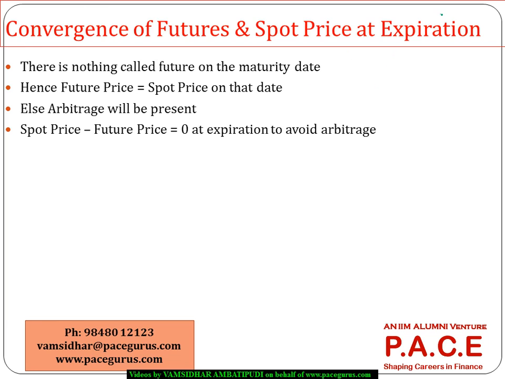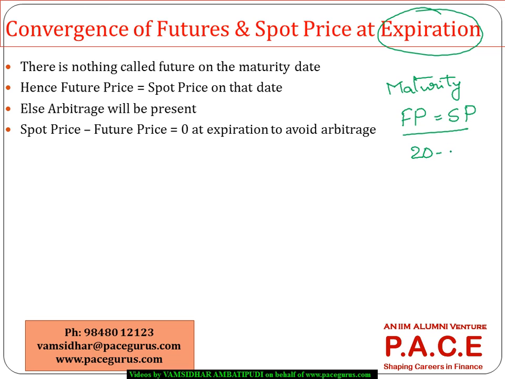On the expiration date of the futures contract, on the maturity date, we observe that the futures price should converge with the spot price. Why? Let's assume that the expiration date of a futures contract is 20th December 13, and today the date is 20th December 13.